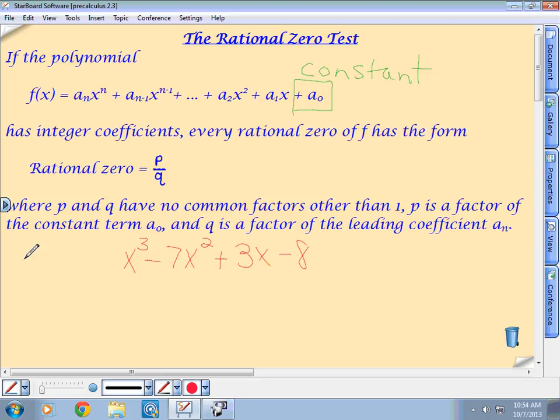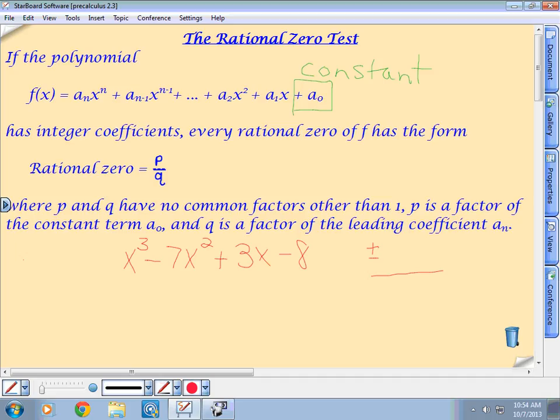Okay. So this tells you that the rational zero test does this. The p is going to stand for the constant factor. So what's our constant factor? 8. Negative 8. It's just 8, but you'll see, it's going to be plus or minus. So what it wants is all the factors of 8. What two things can I multiply together to get 8?